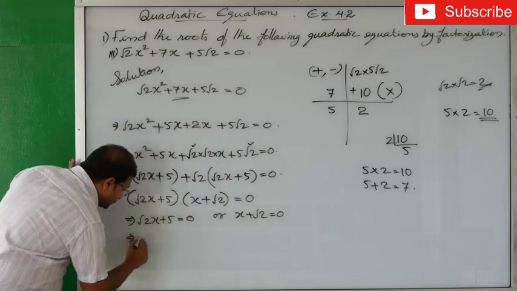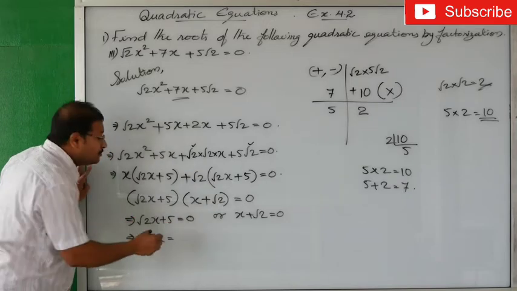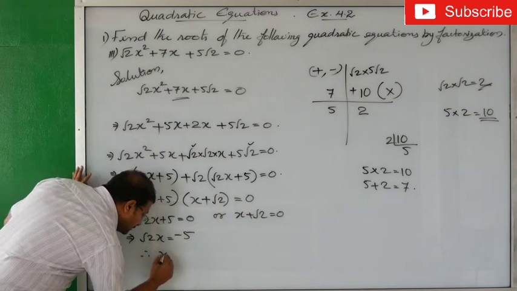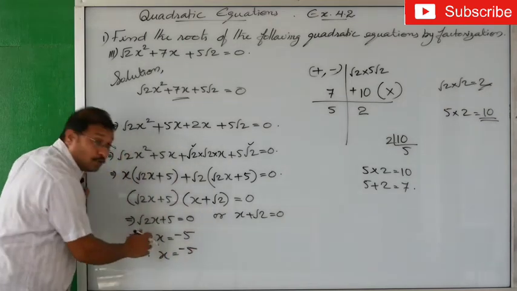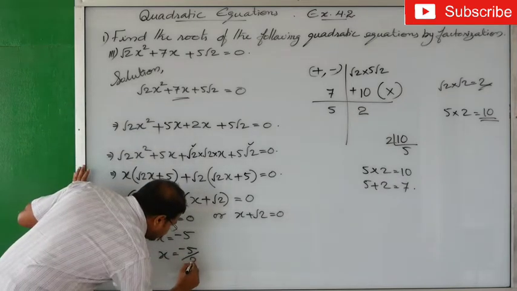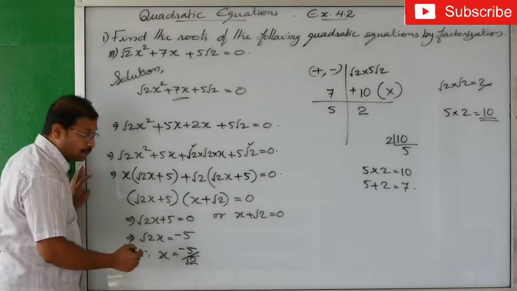This implies root 2x equals 5 goes to the next side, plus 5 goes to the next side. Yes, minus 5. Therefore, x equals minus 5 is already here. Root 2 is multiplying, goes to the next side as divide. Root 2, isn't it? That means minus 5 by root 2.